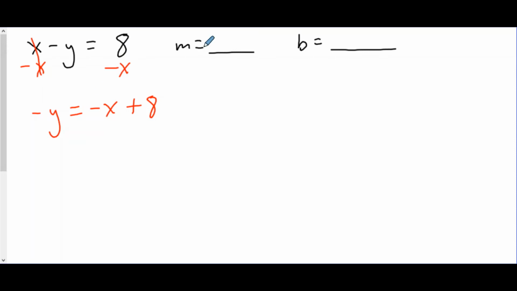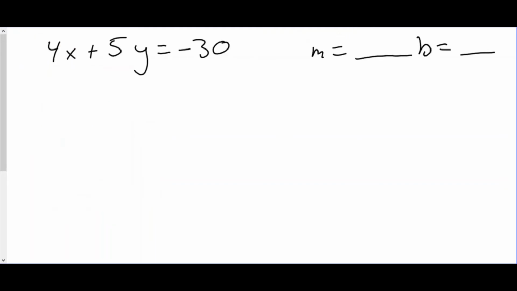And now I need to get rid of this negative, which is an invisible -1. So I'll divide everything by -1, which gives me y equals a positive x minus 8, which means my slope is a 1. Again, there's an invisible 1 with that x, and b, my y-intercept, is -8.